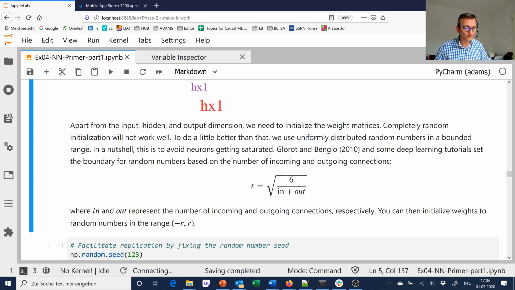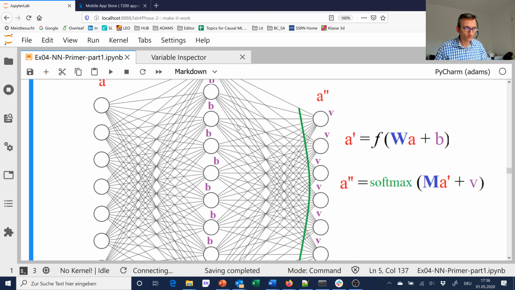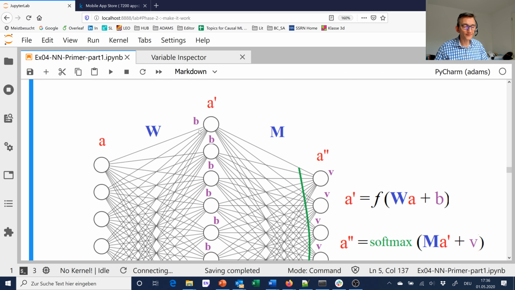For these two weight matrices, W and M, sorry, I keep saying V, that's wrong, it's obviously W. Apologies for that. For W and M, you could just pull random numbers of the right dimensionality. If the input layer has 35 units and the hidden layer has 50 units, W has 35 by 50 dimensions. And for M, we would have 50 by 6 dimensions.